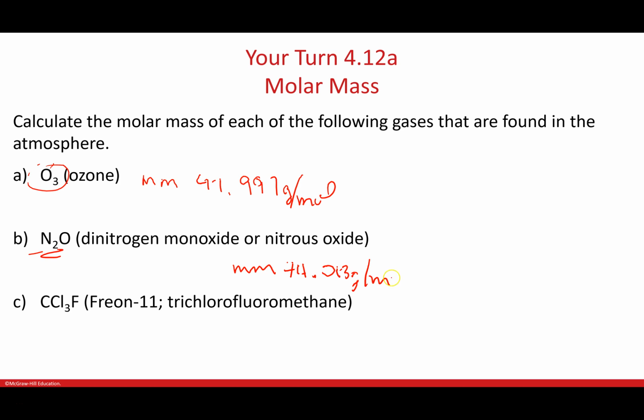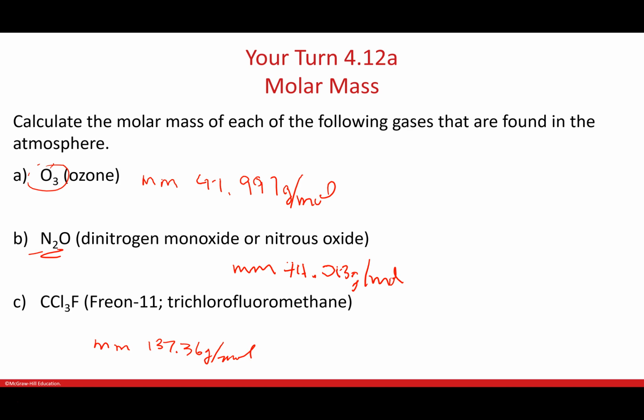And for the last one, it was the heaviest, as you might imagine, fluorines and chlorines and all that. And I got 137.36 grams per mole. Now, on the next page, we're going to use these quantities.